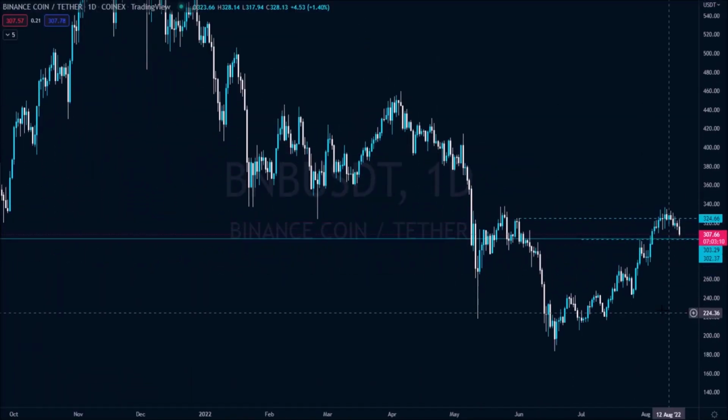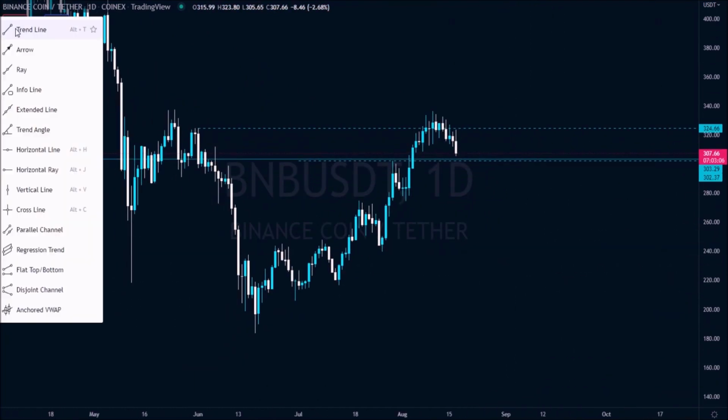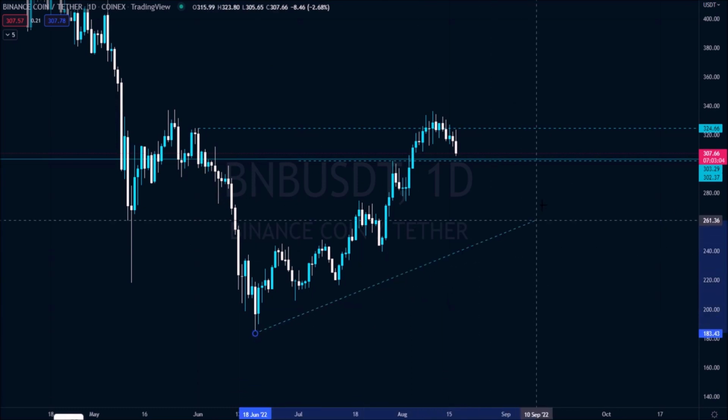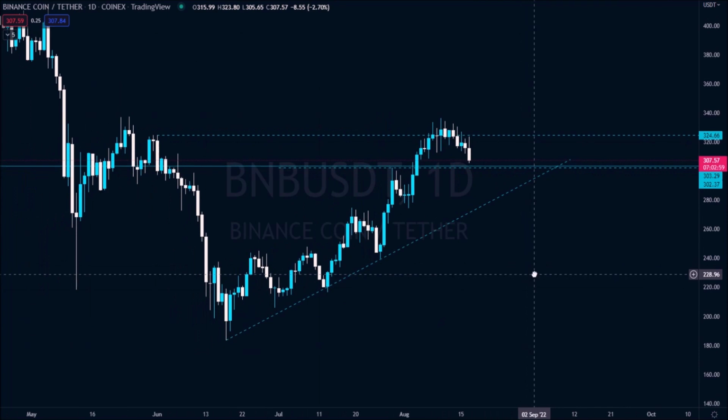On the daily, let's mark out some structure, just in case we need to come into it. So we're coming into some support. Either we bounce, come back, this is an area where I want to sell, or we break below and retest from the underside, and then look for selling opportunities.